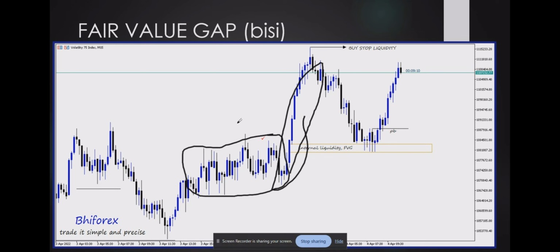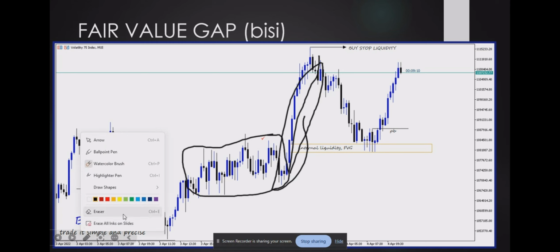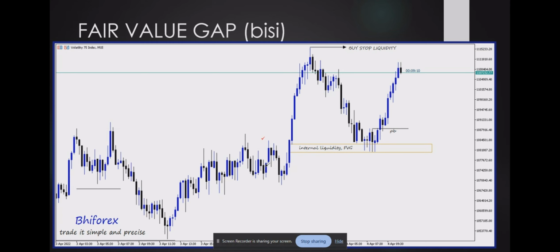Now, from what I have taught you, this is consolidation, and this is expansion away from that consolidation, right? This is expansion, and then before I say it, what is this one? This is retracement, right? So price retraced back into where? Internal liquidity. From my teaching on internal and external liquidity, I told you that a fair value gap is a form of internal liquidity.